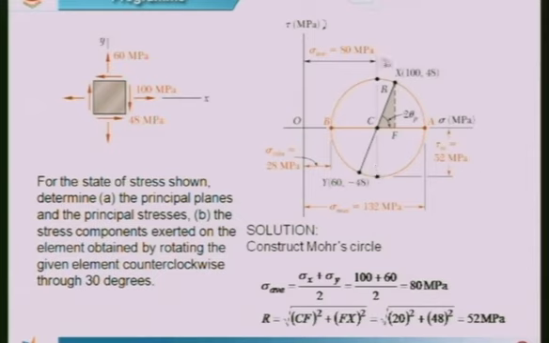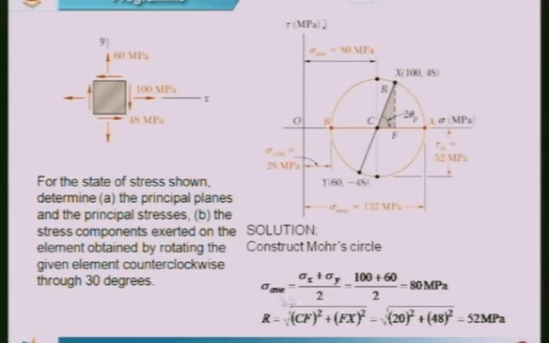So, from this diagram, we have got the maximum principal stress, the minimum principal stress, the principal planes, and the maximum shearing stress value, which is equal to 52.